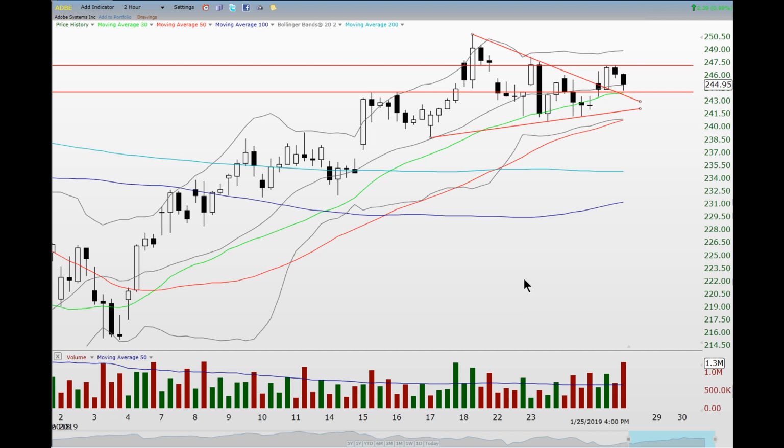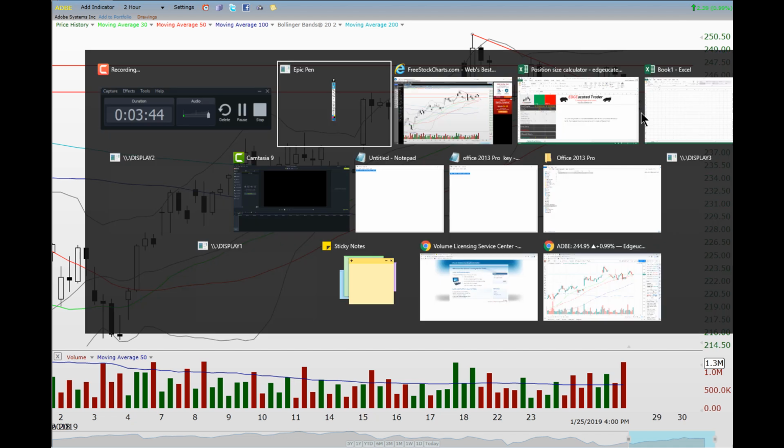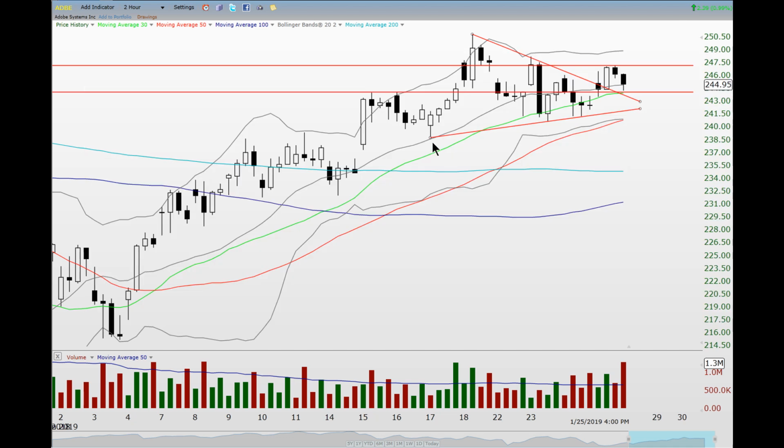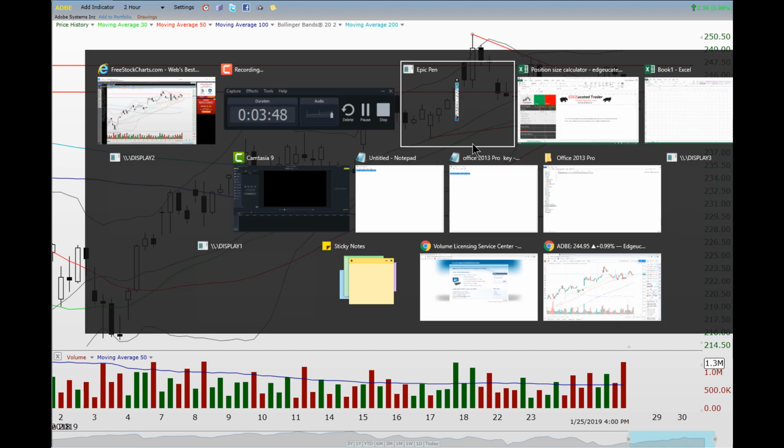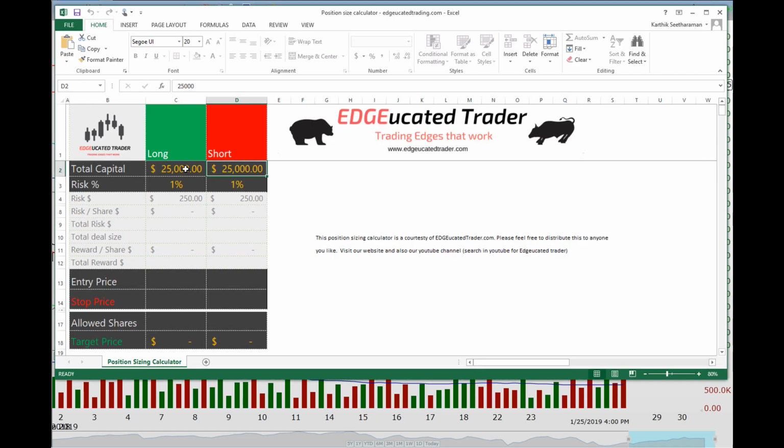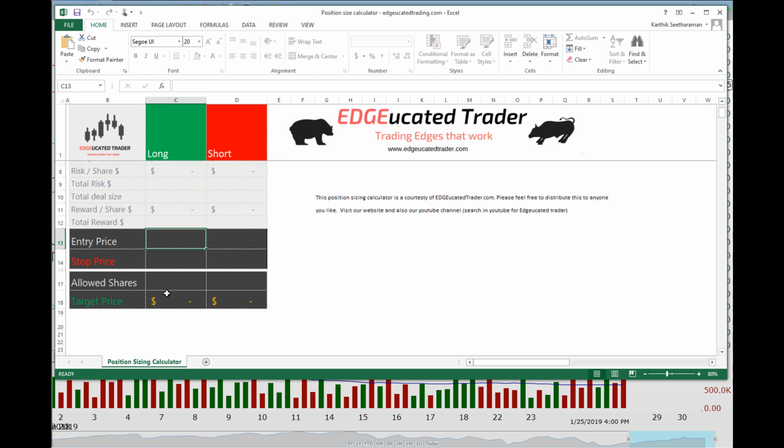So let's just check the position sizing calculator quickly to see our exact stop, entry, and target levels. Okay, just hold on. All right, I got the position sizing calculator opened here. You can see it right here. We're going to have to enter the entry price and the stop price.